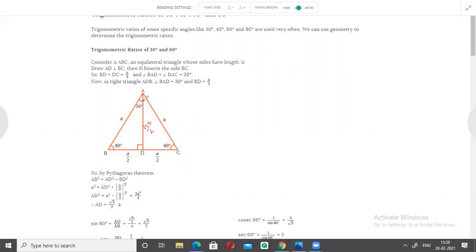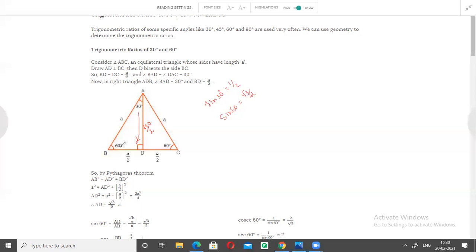Whereas sine 30 degree is equal to the opposite side of 30 degree, which is this side, A by 2, divided by A. A by 2 divided by A will be 1 by 2 only. So sine 30 degree is equal to 1 by 2 and sine 60 degree is equal to root 3 by 2.